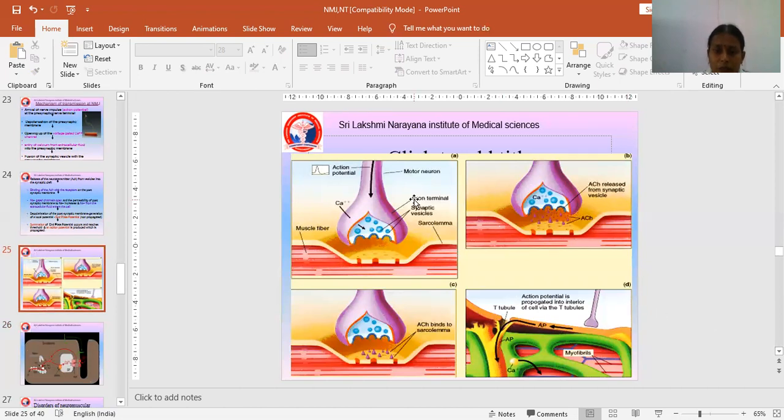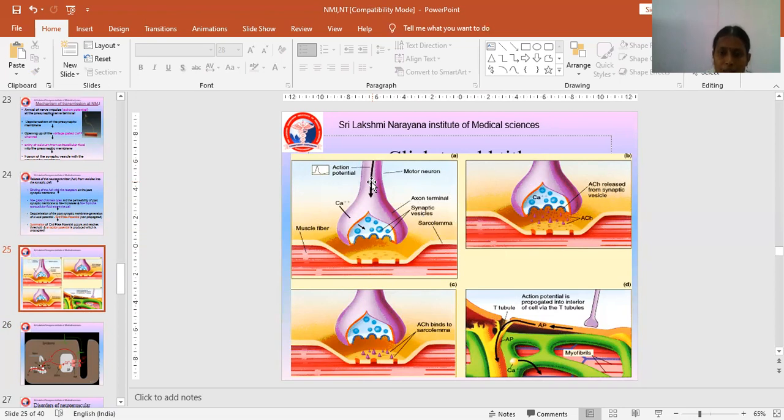These pictures show the neuromuscular transmission, and how muscle contraction occurs. For example, when you touch a hot object, you immediately withdraw your finger. That is due to contraction of your muscles.